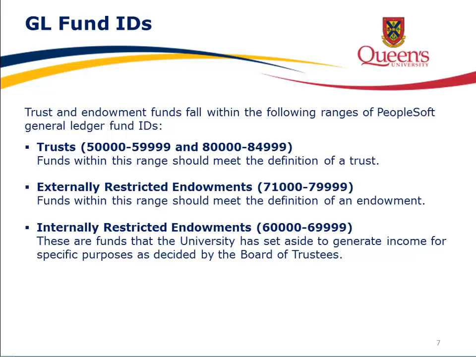Externally restricted endowments will fall within the range 71000 to 79999. Funds within this range should meet the definition of an endowment. Internally restricted endowments will fall within the range 60000 to 69999. These are funds that the university has set aside to generate income for specific purposes as decided by the Board of Trustees.